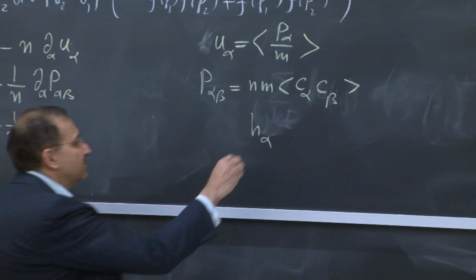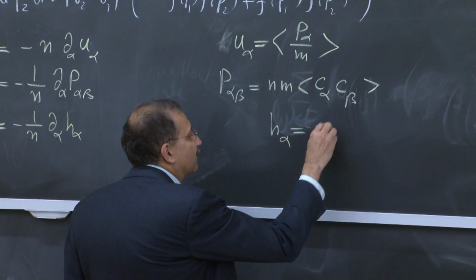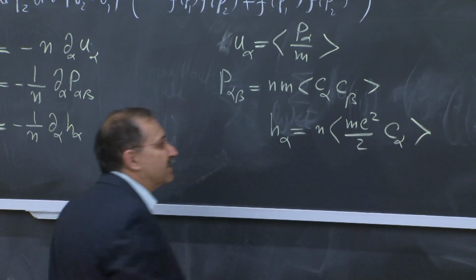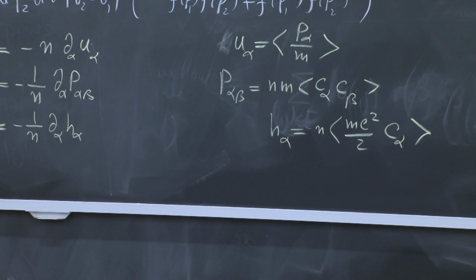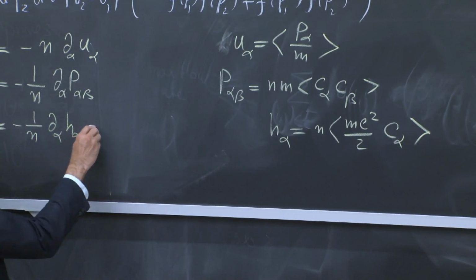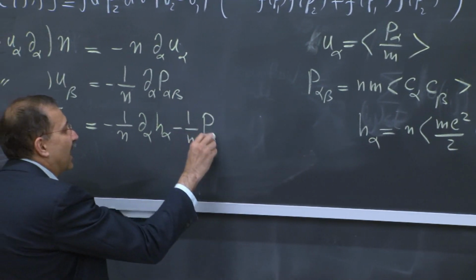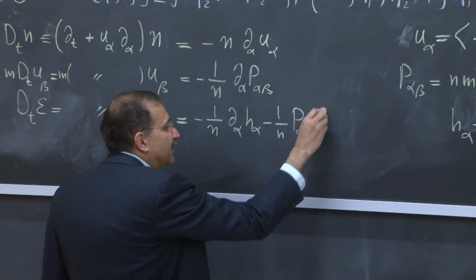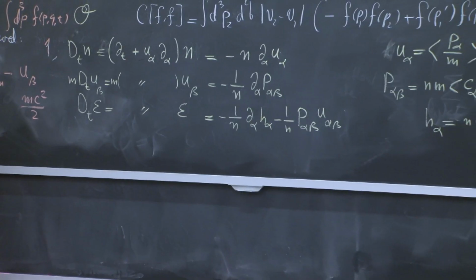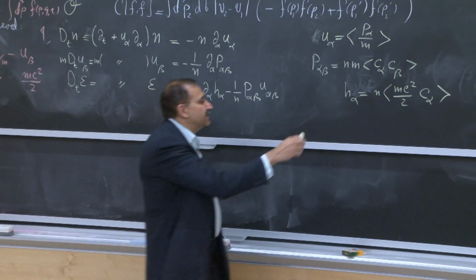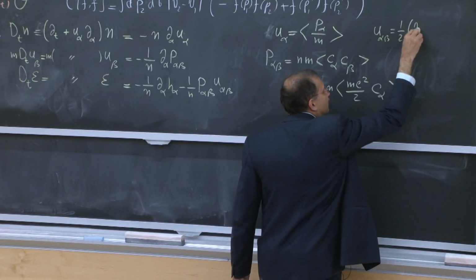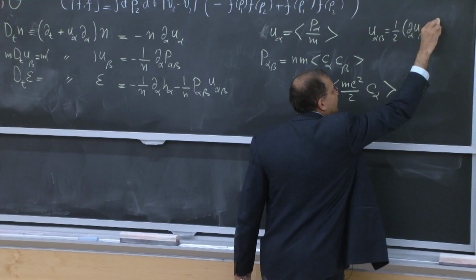So all I need to do is to have something like mc squared over 2 transported along direction alpha. And then there was another term which was P alpha beta, the P alpha beta that we defined above, times U alpha beta. U alpha beta was simply the derivative of this quantity, symmetrized.